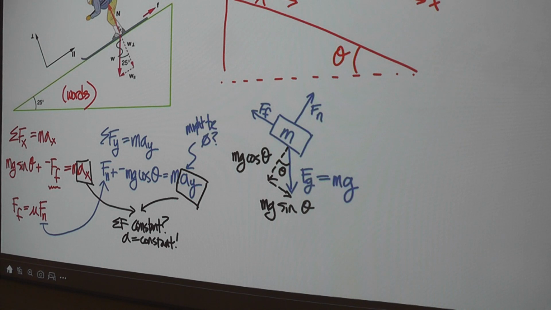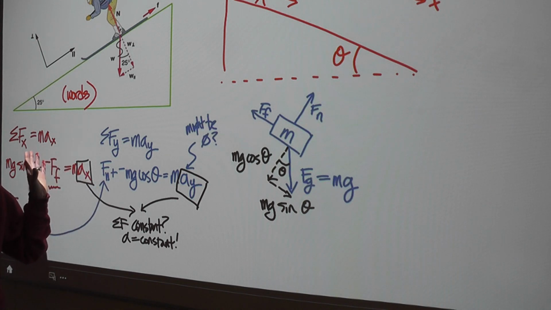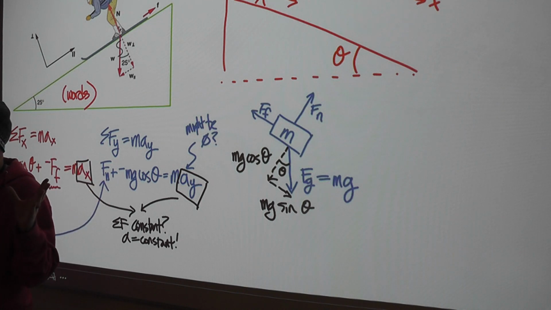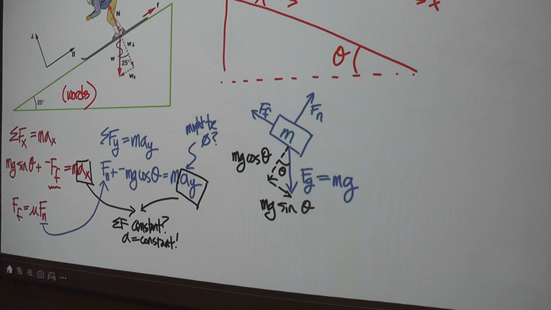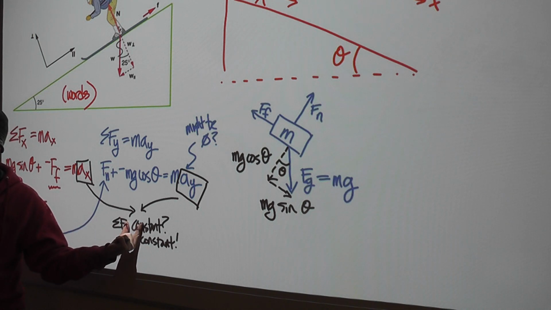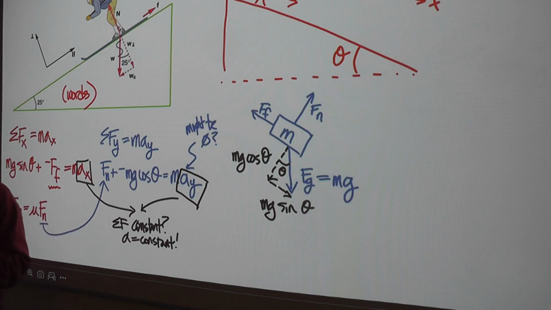So in a problem like this, if they're talking about skis for 11 seconds, starts at rest, and we want to know how fast it will be going at the end of the 11 seconds, then we're going to take all the stuff that we get from this and use that in our kinematic equations, where the initial velocity is 0, the difference in time is such and such, figuring all that out based on the assumption that our forces are staying constant, which means our acceleration is also staying constant.